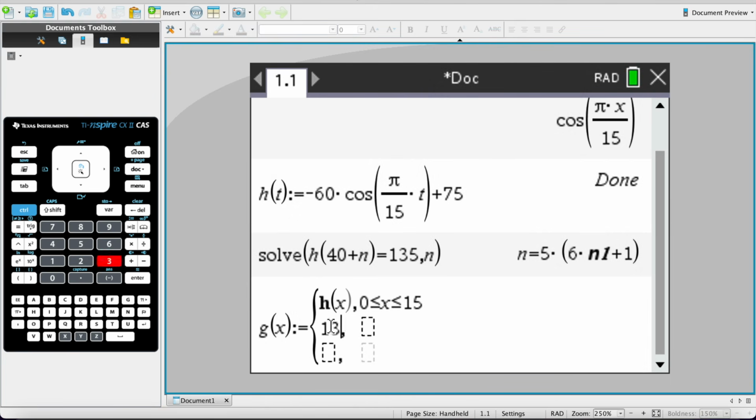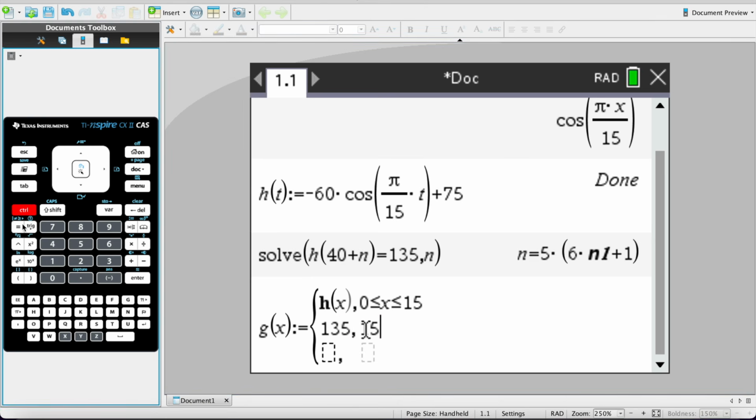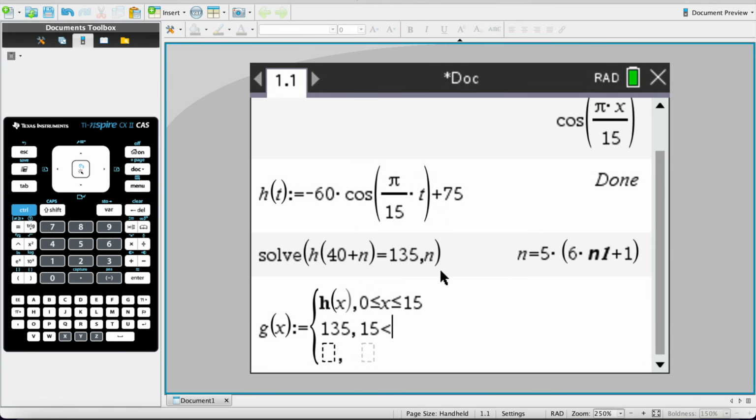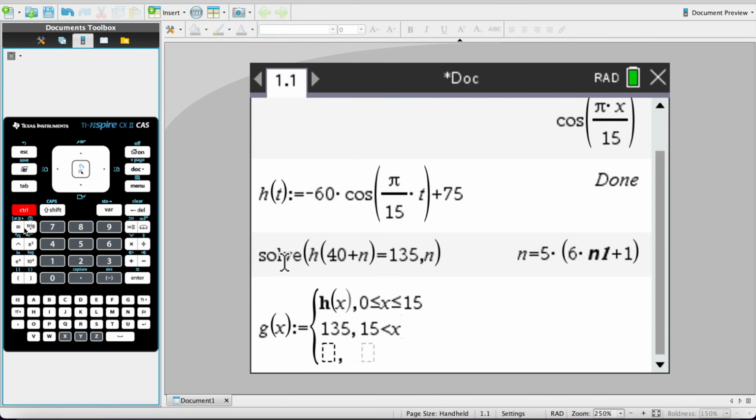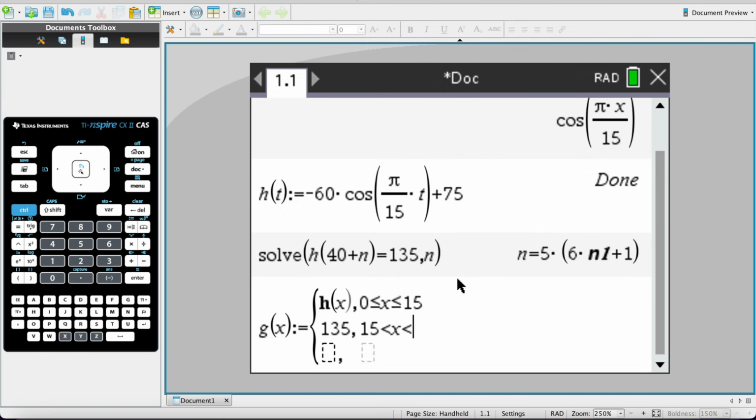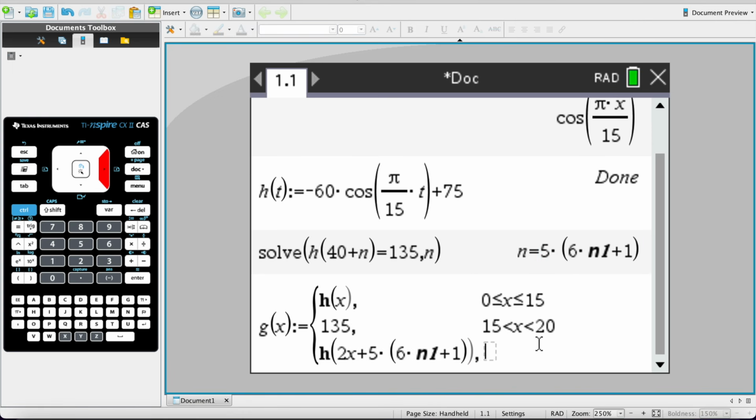The next one was just 135, from 15 to 20. And then the last one was h of 2x plus n. And n, you can just write in this value. You can write in n now and just put that in at the end.